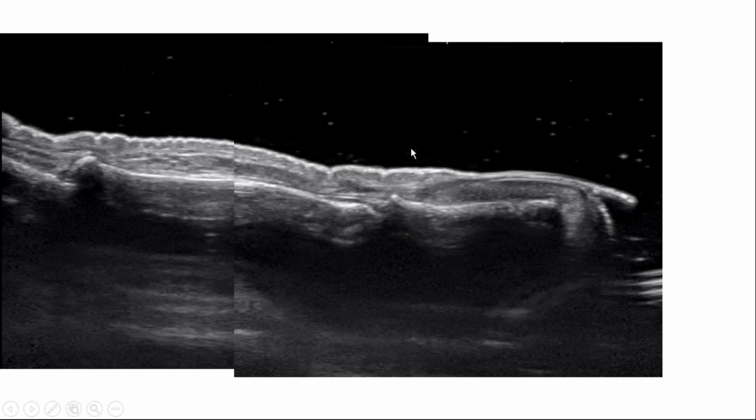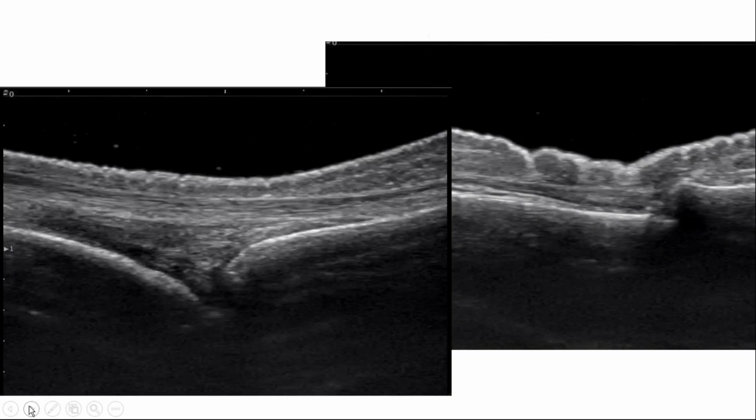Now, because of the change in the interface before the skin, it's not as hyperechoic. So even if there is some abnormality in the nail bed, you can see it much better with the water immersion technique. Look at this image here. So this is the distal tendon. It's very clear here, and I'll show you more images. It's much clearer than just doing the regular imaging that we do with gel over the finger.